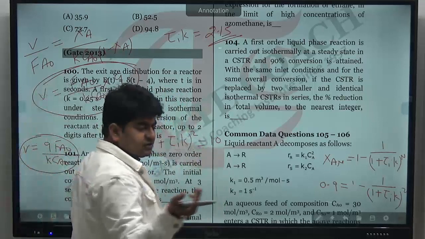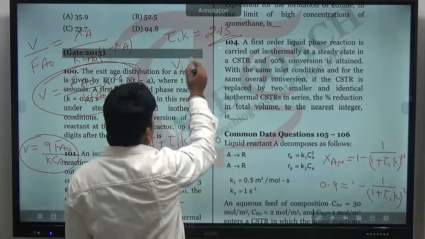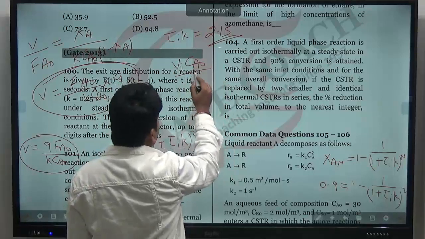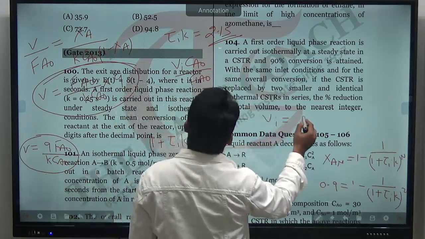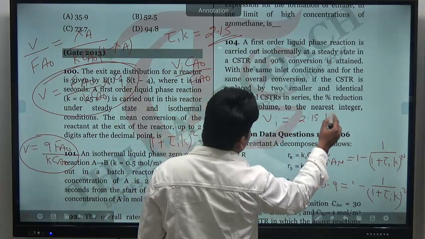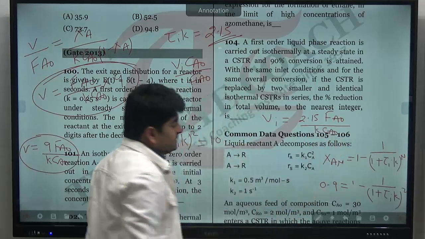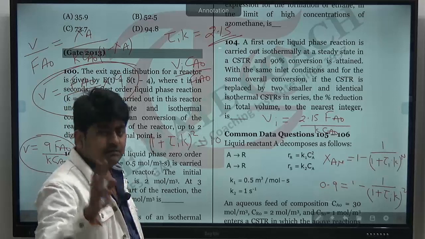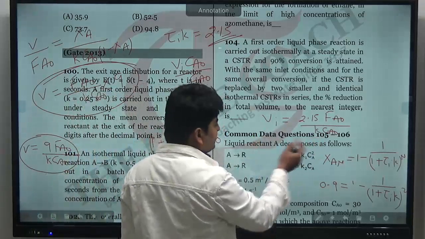Okay. And what is tau_i? In terms of molar flow rate, we can write tau_i as V_i CA naught over FA naught. So from here, you will get V_i is equal to 2.15 times FA naught over kCA naught. This is the volume of one tank, but we have two MFRs in series.